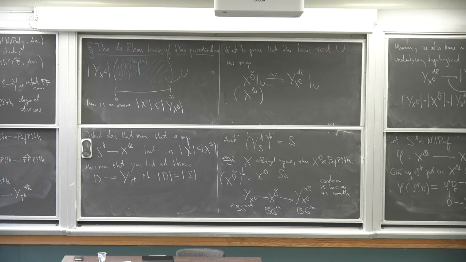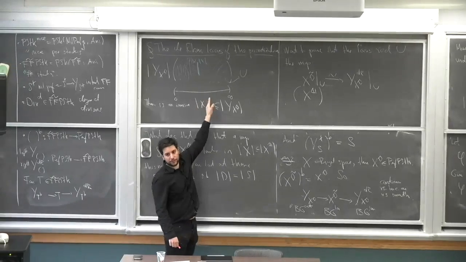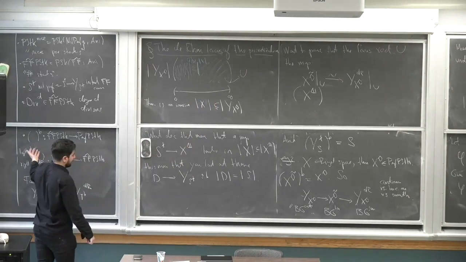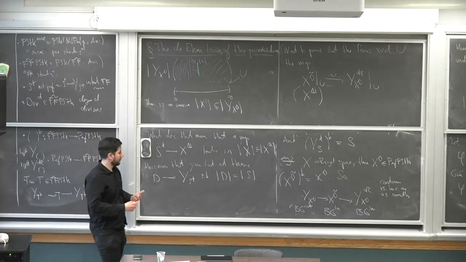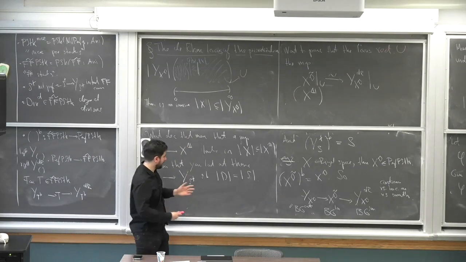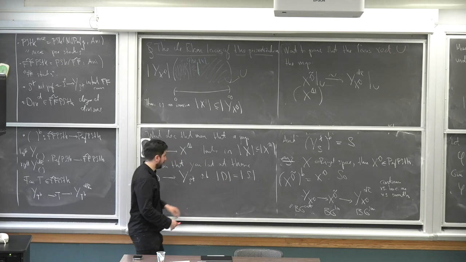So if you decode what it means to land precisely in the locus supported by X itself, you can do it at the level of diamonds. Basically, this means that you have the same untilt as you have for these. But these are at the level of topological spaces. Having the same untilt means precisely that you have these equal spaces.